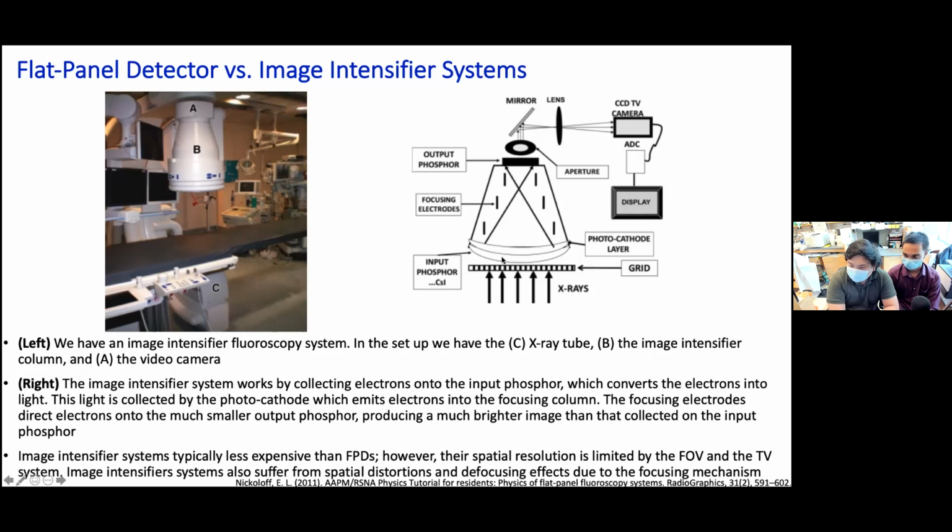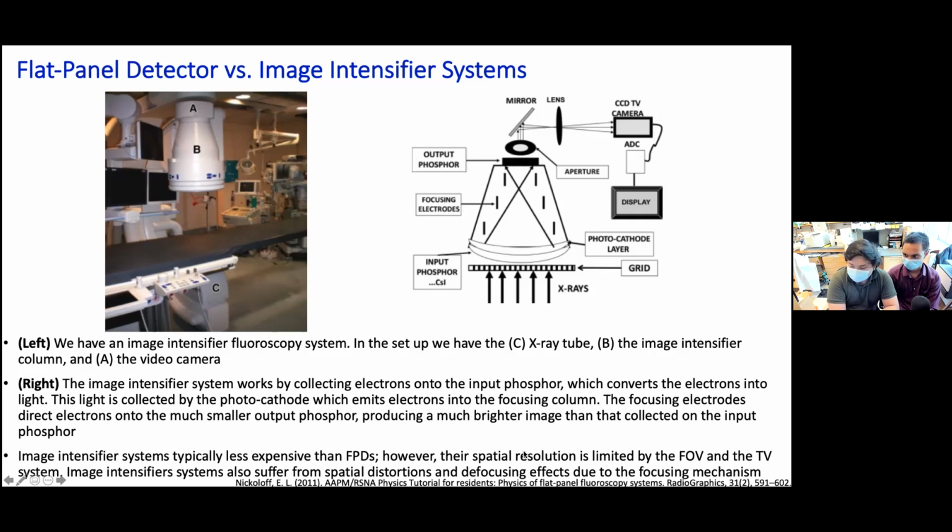Since we're projecting electrons onto a smaller area phosphor, we get a much brighter image. This allows the image intensifier systems to have high spatial resolutions at very low FOVs. The advantage of the image intensifier system is that they're less expensive than flat panel detectors.